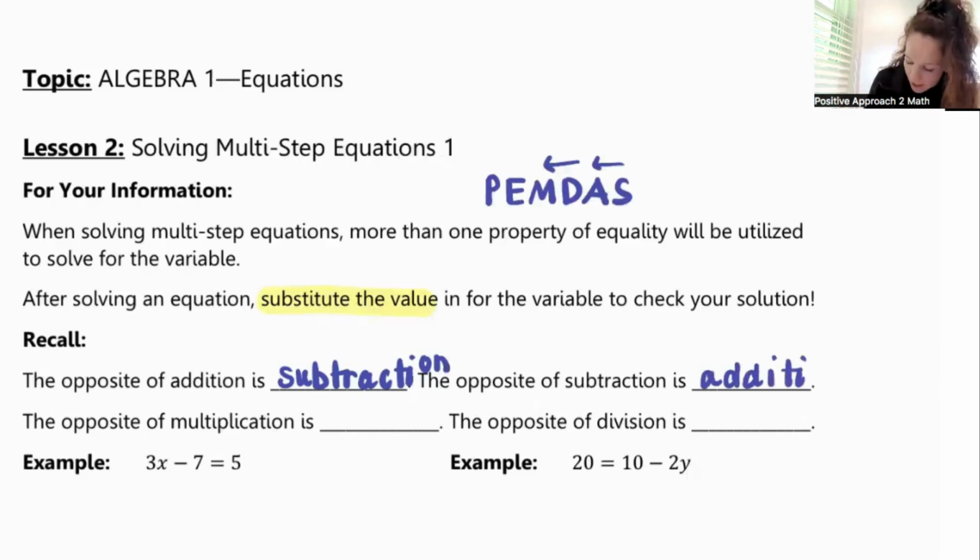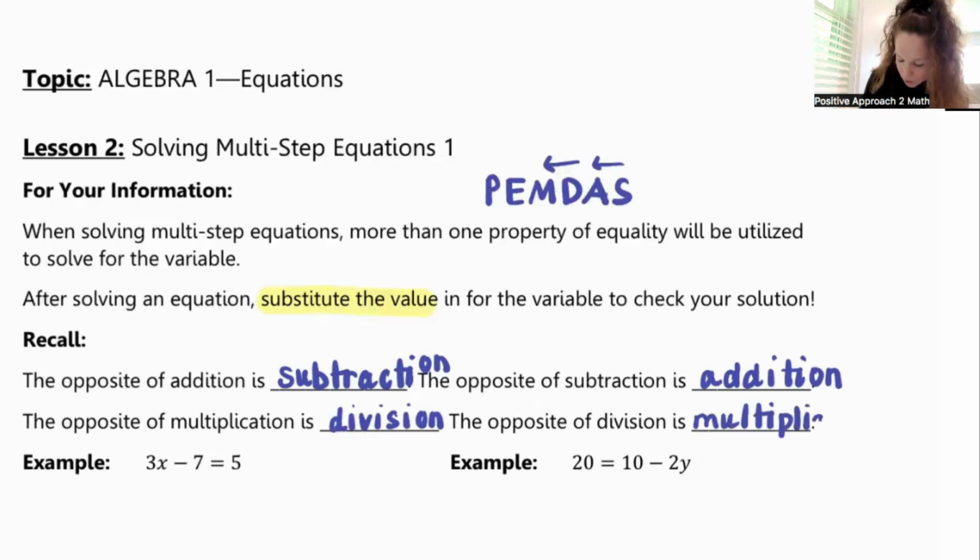So if I need to undo an operation, I do the opposite. And we use this term inverse, right? The opposite of multiplication is division. And the opposite of division is multiplication. Okay? So let's get right to it.